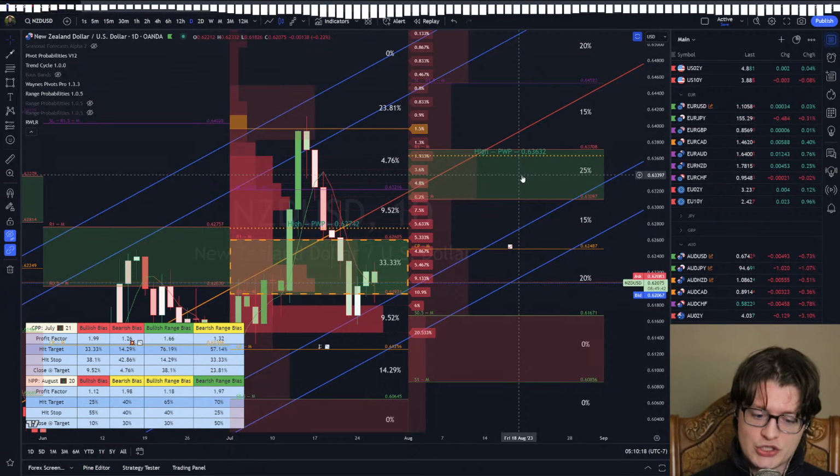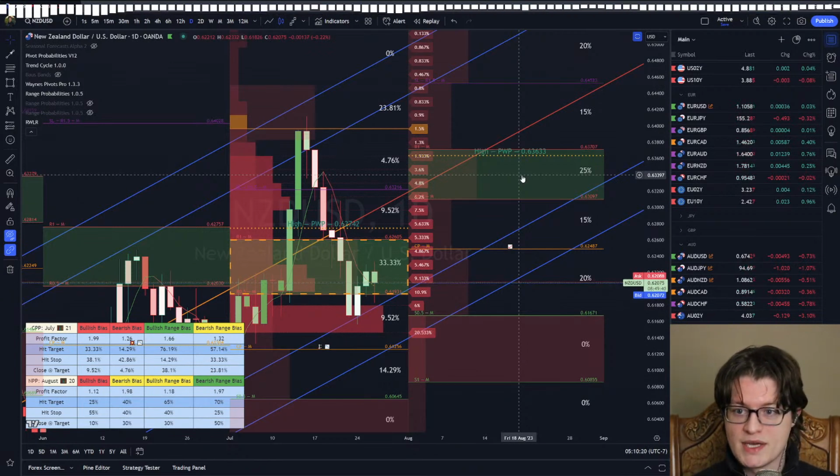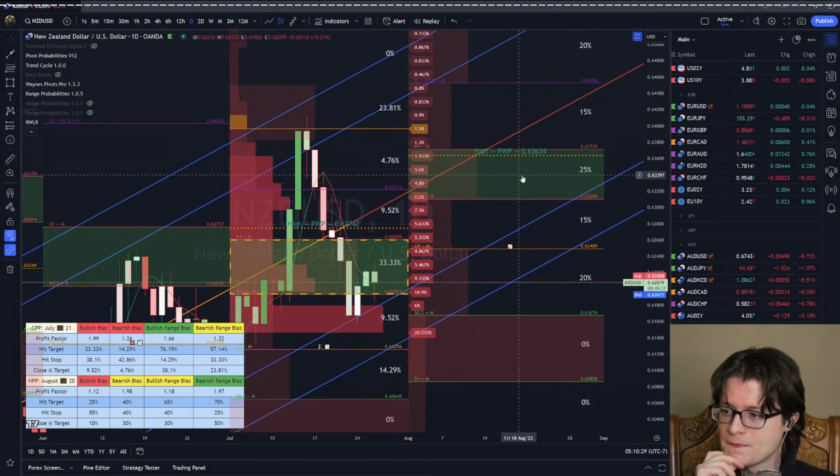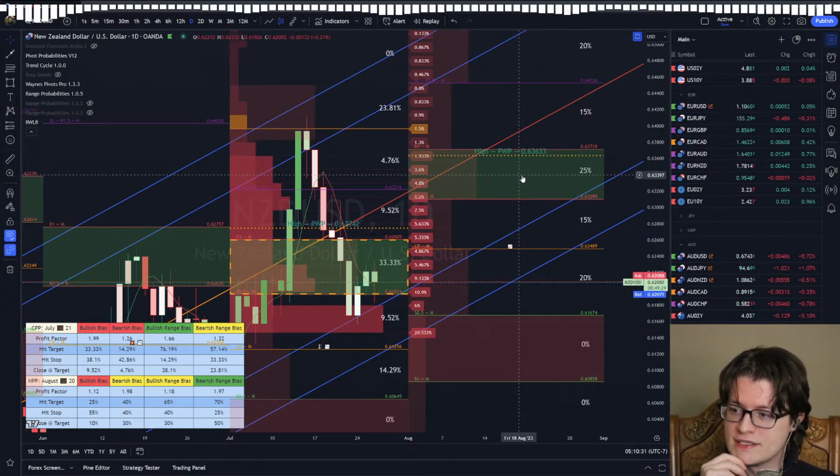So take that short from August into September and October, which have particularly bearish seasonal aspects. And that's a decent idea for a swing.